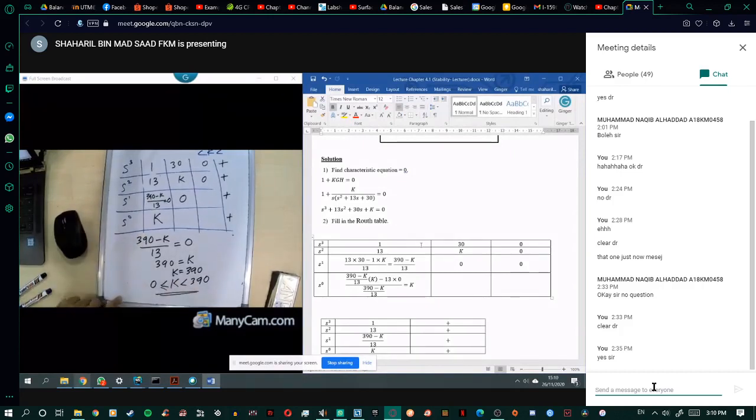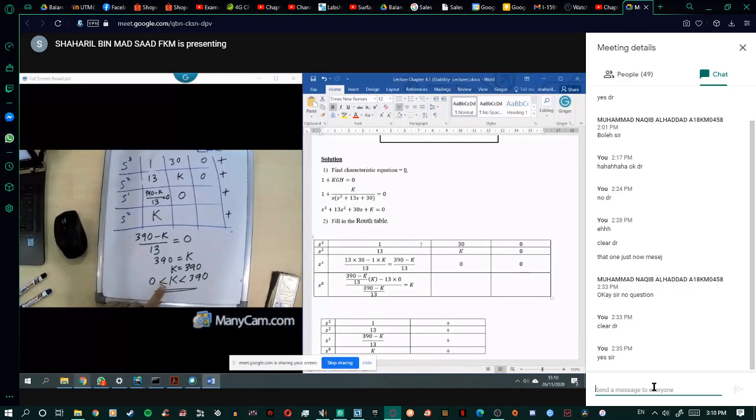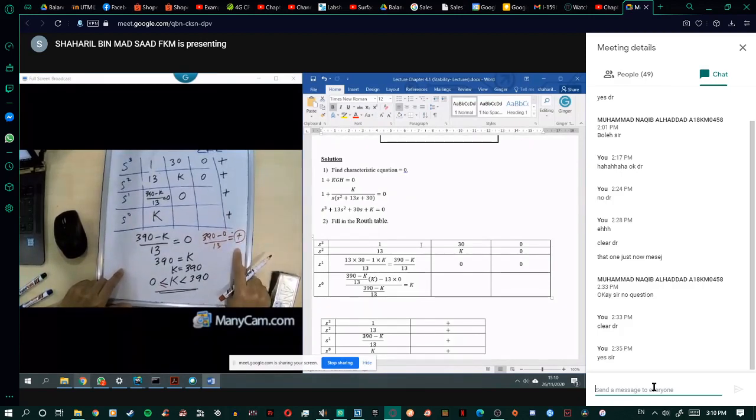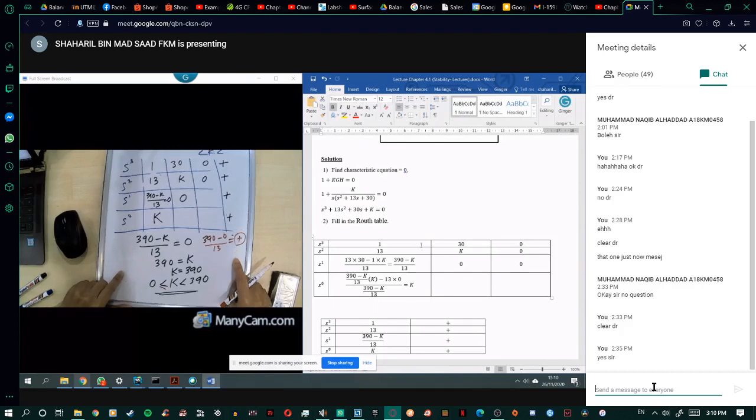So, yeah, this one, more and equal. Because k equal to 0, we can accept it, right? So, 390 minus 0 divided with 13, we still got positive, right? I'm right? Okay, good.